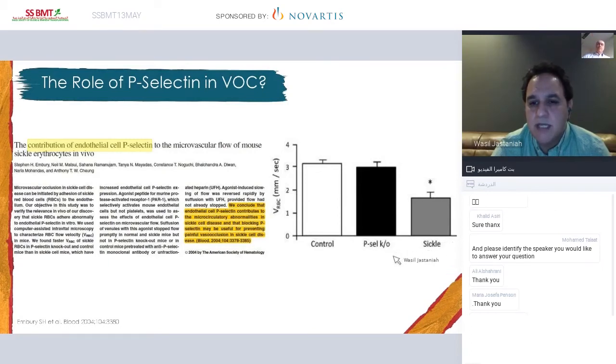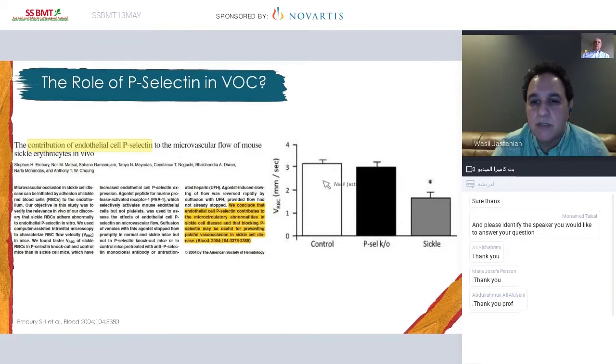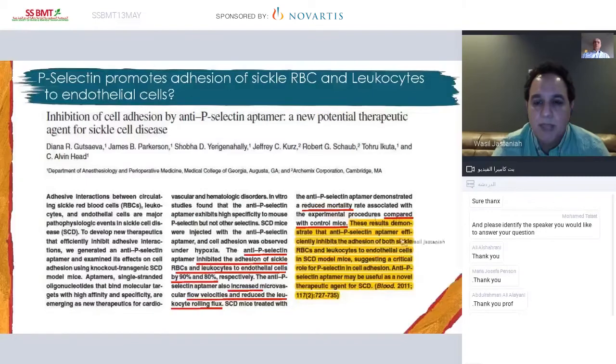And when these sickle cell mice had a knockout of the P-selectin, genetically modified to have a P-selectin knockout, the flow velocity in these P-selectin knockout mice were similar to controls, again highlighting the role of P-selectin expression on endothelial cells in vasoocclusion.